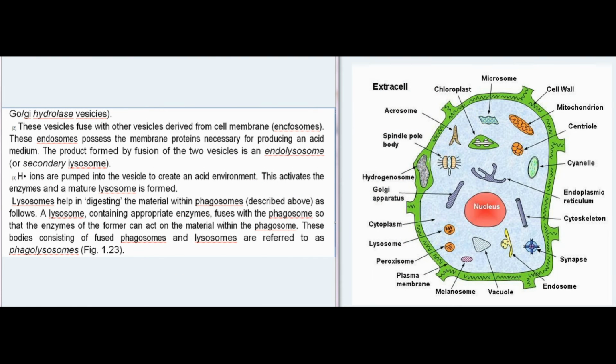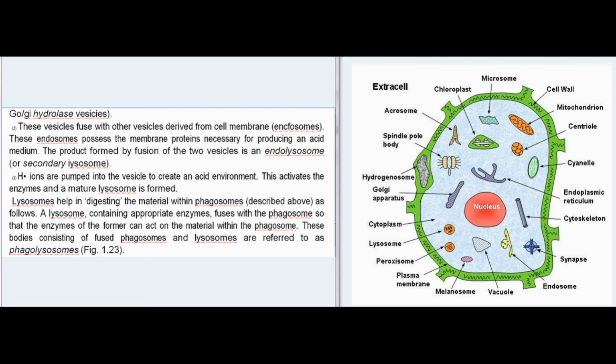These vesicles fuse with other vesicles derived from the cell membrane, the endosomes. These endosomes possess the membrane proteins necessary for producing an acid medium. The product formed by fusion of the two vesicles is an endolysosome, or secondary lysosome. 3. H+ ions are pumped into the vesicle to create an acid environment. This activates the enzymes and a mature lysosome is formed.